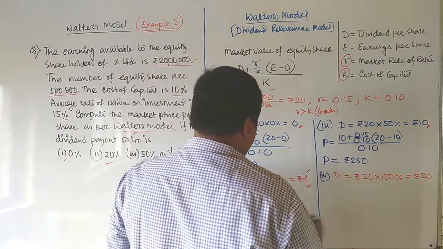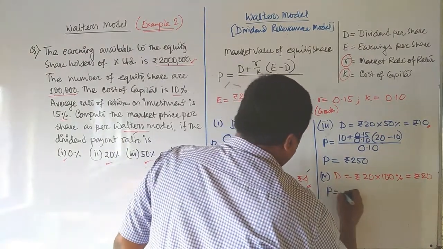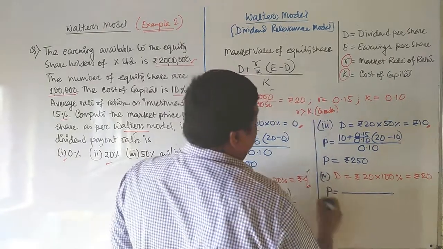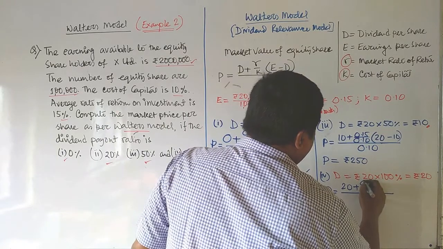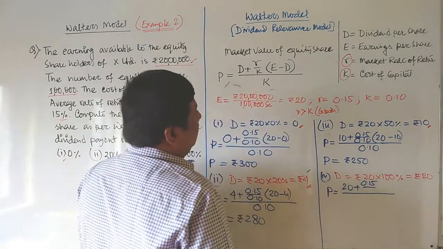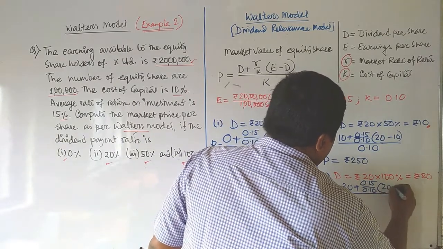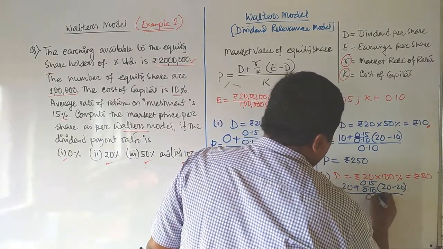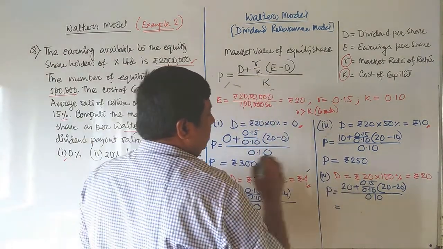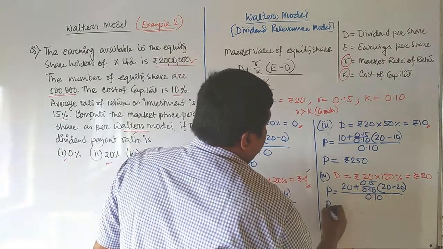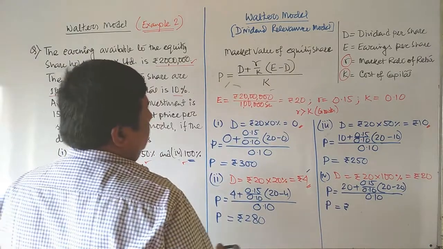Now considering D as rupees 20, we are going to plot each and every component as per Walter's model, where D equals 20 plus R by K, R is 0.15 and K is 0.10, E minus D, 20 minus 20, divided by K, 0.10. Once you solve that particular equation, you will get P equals rupees 200.